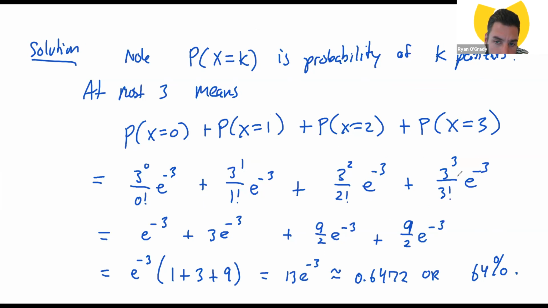Now, you could have just plugged them into a calculator right away. You'll get the same number, but my own personal philosophy is I like to do it by hand as far as I can. I don't know if I answered your question. Yeah, you answered my question.